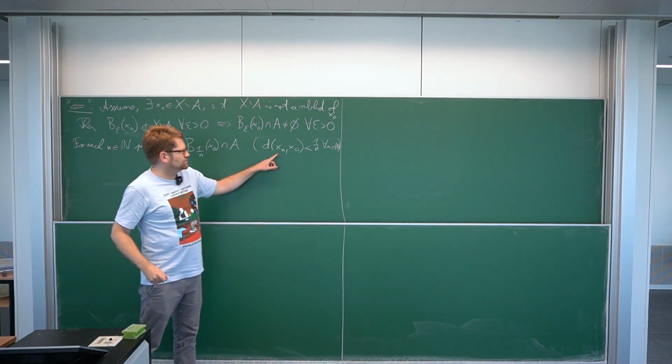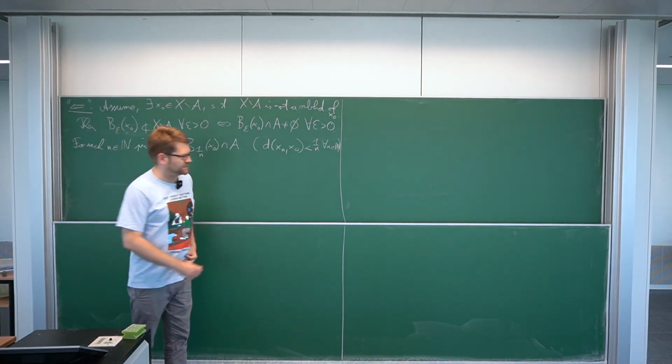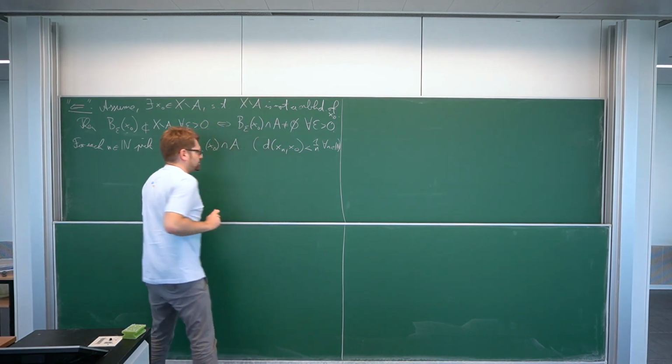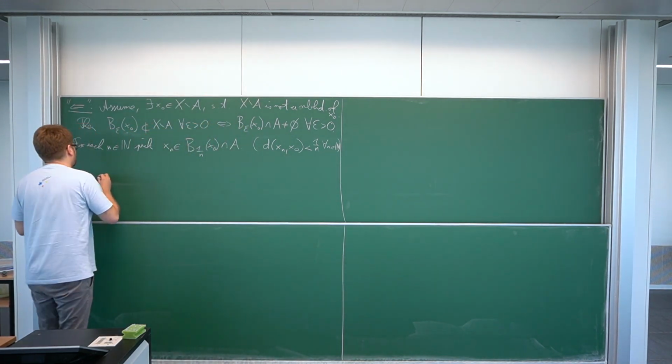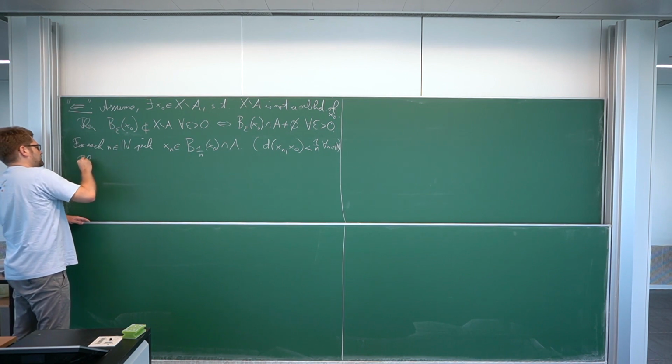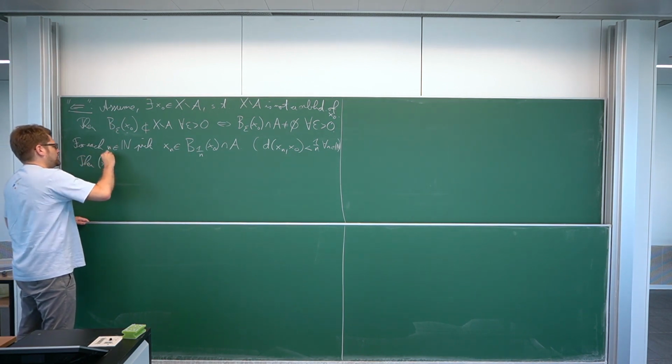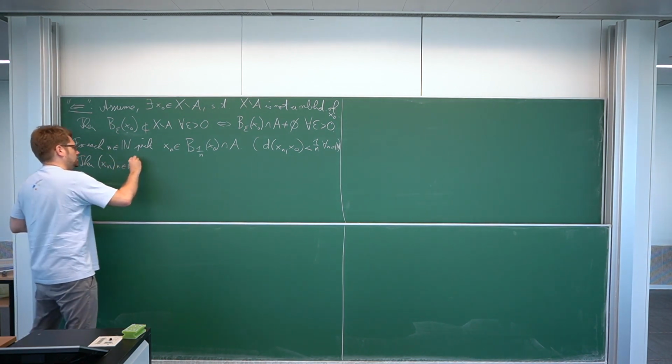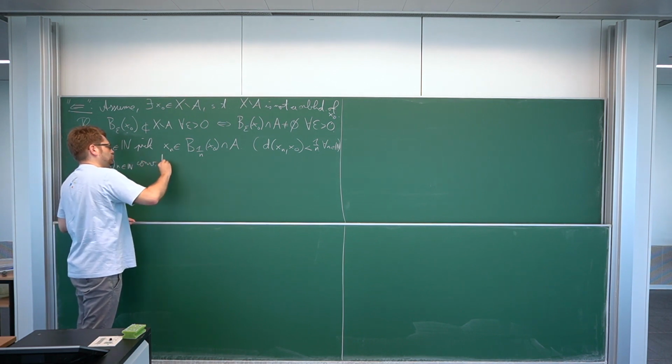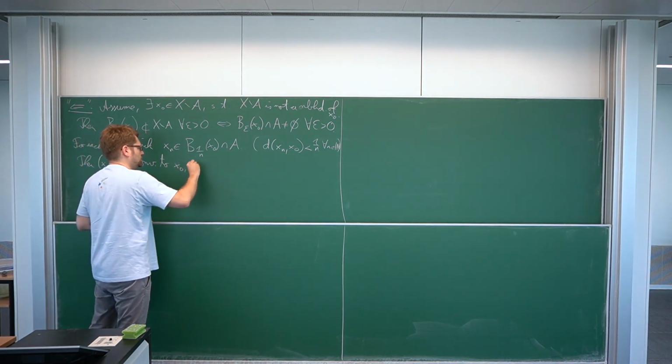And if this goes to 0, just as we said in the beginning for metric spaces and for convergence, this means that the sequence has to converge to x0. So xn converges to x0.